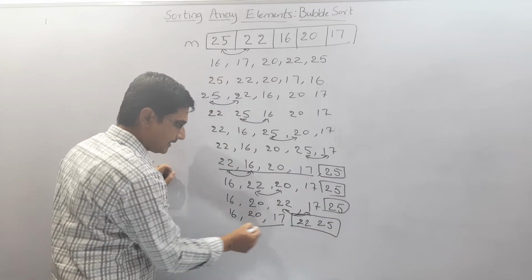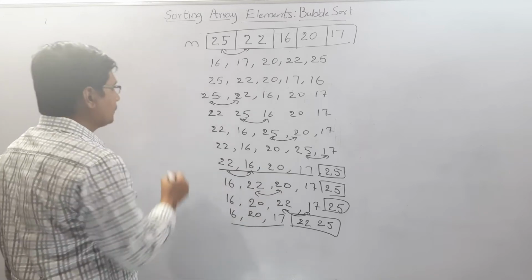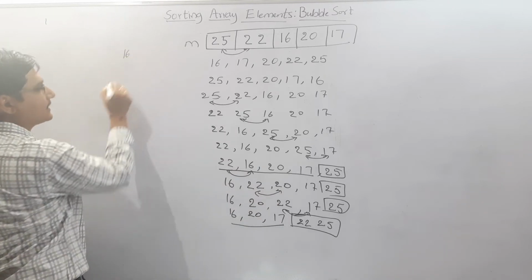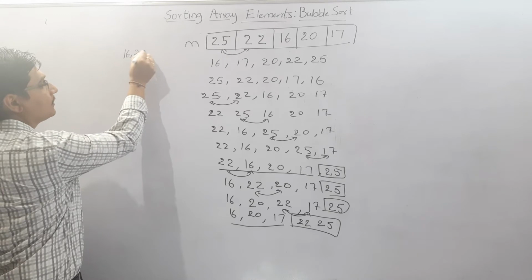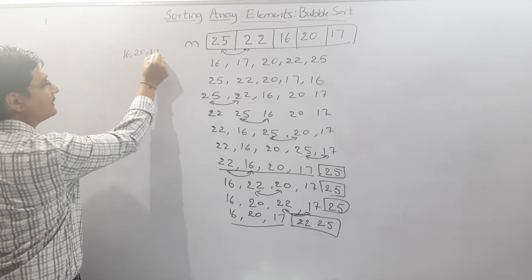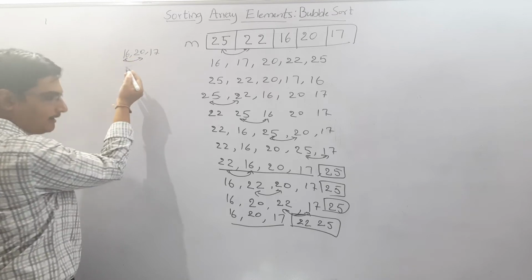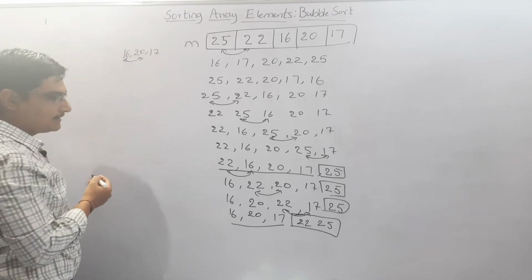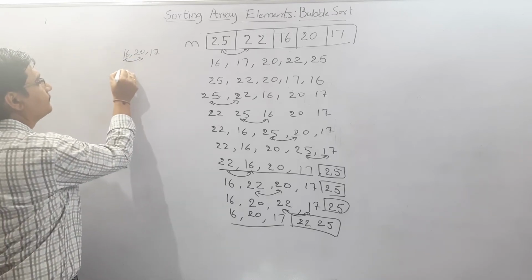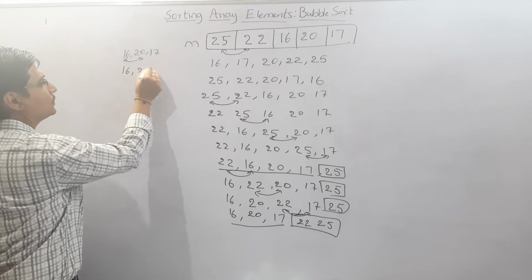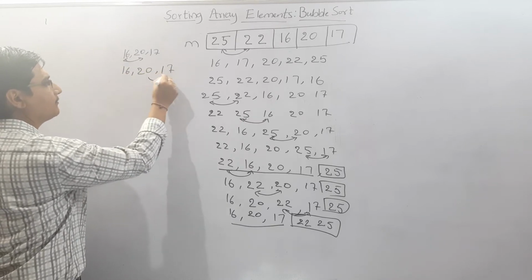We need to apply the same method to the remaining elements: 16, 20, 17. Compare these two. They are in order, so there is no need to swap. Then 16, 20, 17. Compare these two.